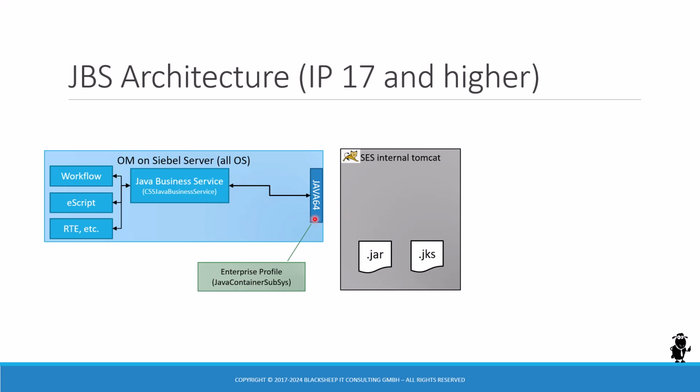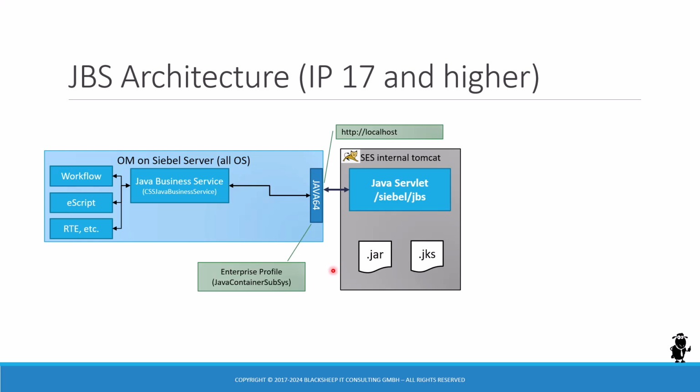And that profile has literally one parameter that is important, and that parameter points to nothing else than the localhost Tomcat port of the internal Tomcat running on localhost. And since that is localhost, it doesn't even need to be HTTPS or TLS, saving some valuable time for the handshake and verification.